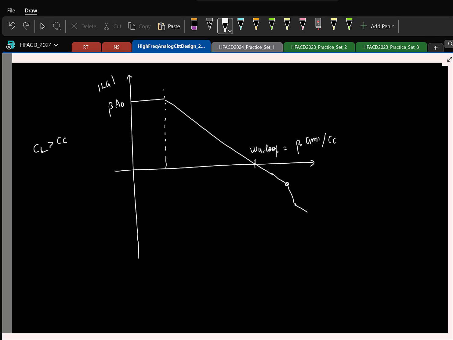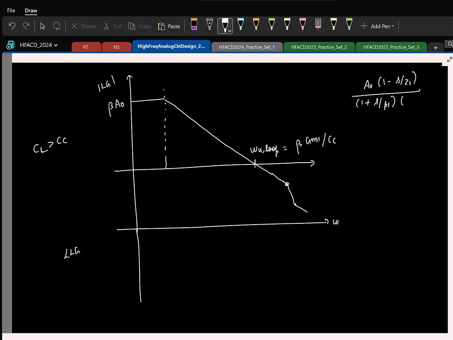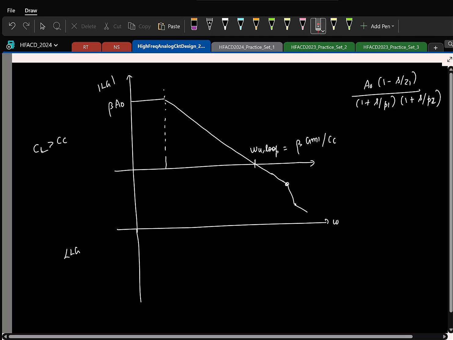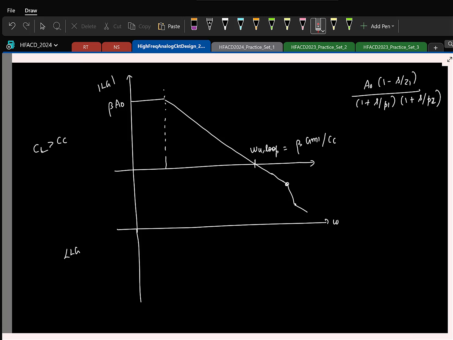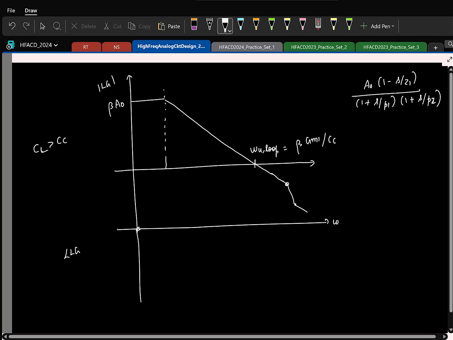So if I also sketch the corresponding phase plot, this is the loop gain. Remember, the transfer function has one RHP 0 and two LHP poles. So the phase will start from 0, and where will it go to finally? Minus? No. I mean, for this entire thing, minus 270. Okay, two LHP poles each contribute minus 90 degree phase lag. This RHP 0 will in turn add one more minus 90 phase. So it will start from 0 and go to minus 270. So first let's qualitatively sketch it.